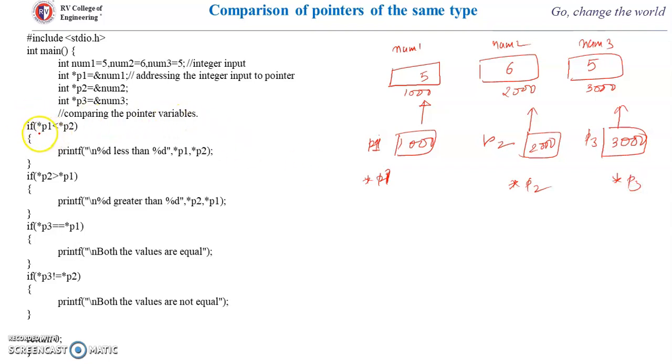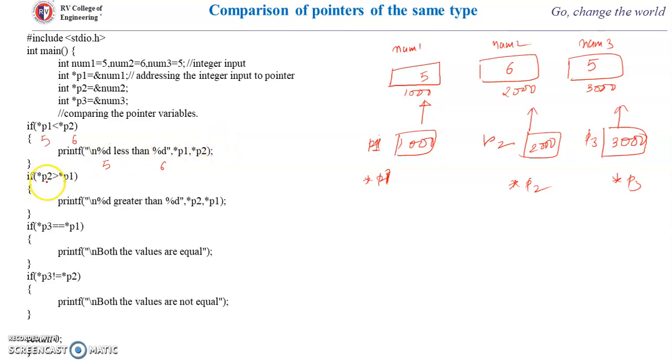So if star p1 is less than star p2: what is star p1? The value stored at this address location, that means 5, and star p2 means the value stored at address location 2000, that is 6. Obviously 5 is less than 6, so the message will be printed: %d is less than %d, with star p1 and star p2, the values of num1 and num2.